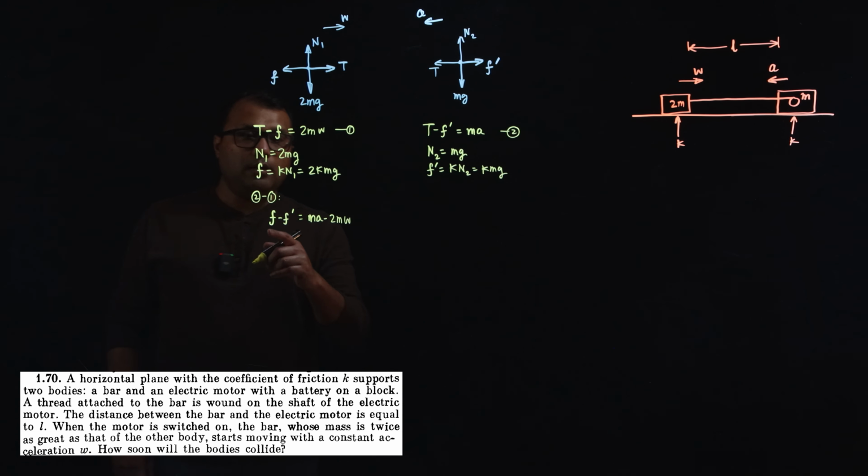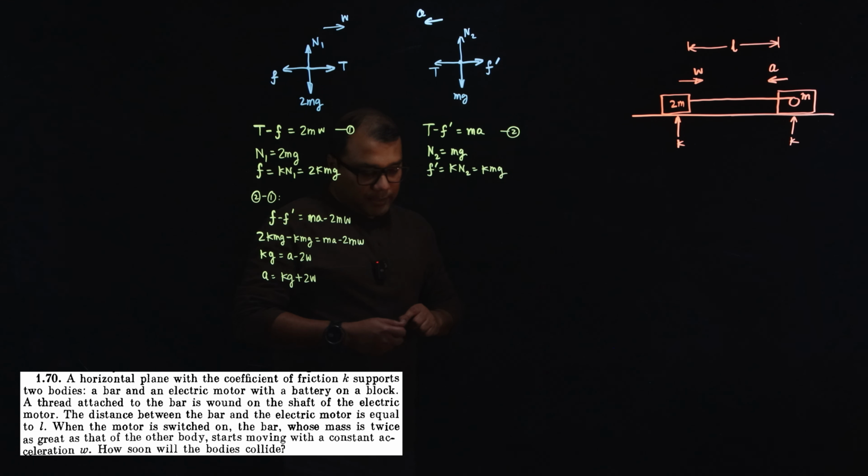Now F is 2kmg, F dashed is kmg. 2kmg minus kmg is kmg, and m is common between everything, so we can discard m. So kg is equal to A minus 2W, or A is equal to kg plus 2W. So we found A.